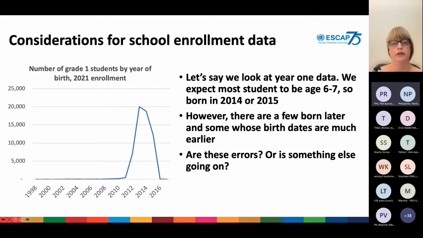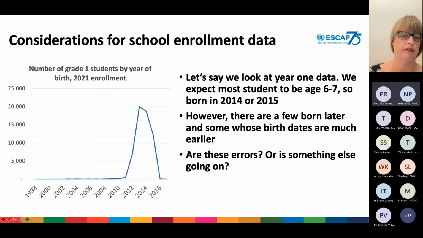So let's say that we looked at school enrollment data for 2021, and we decided to go with grade 1 students because kindergarten is not compulsory, or a lot of people go to private school and we just don't have the data on it. So if we're saying grade 1, we would expect children to be roughly age 6 to 7. And again, this is 2021 enrollment, so born roughly 2014 or 2015.